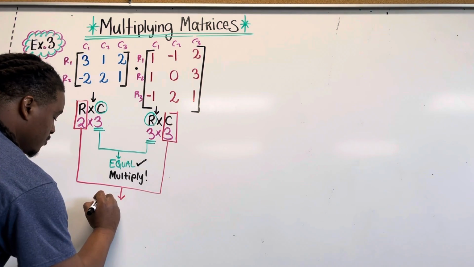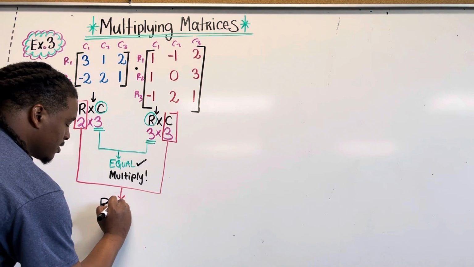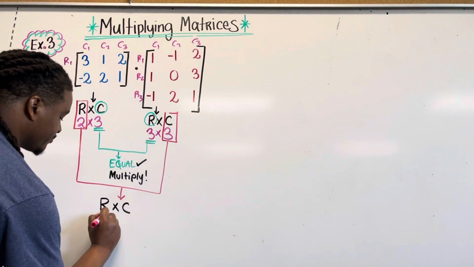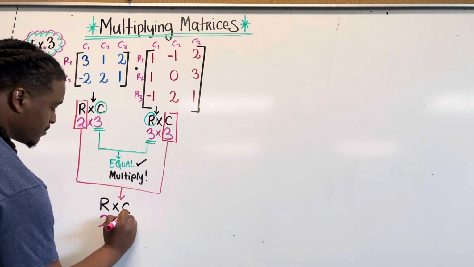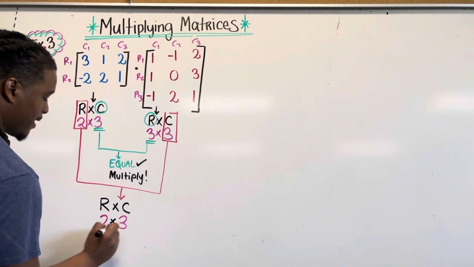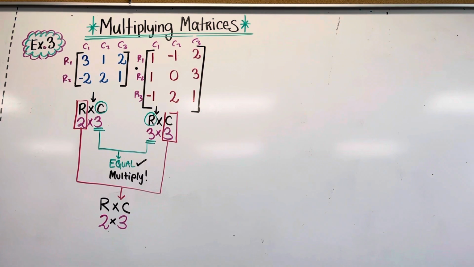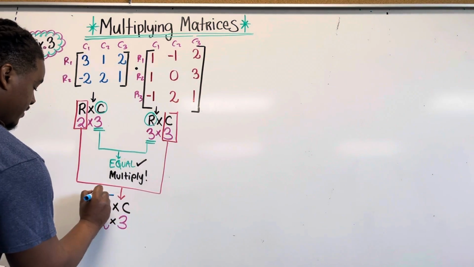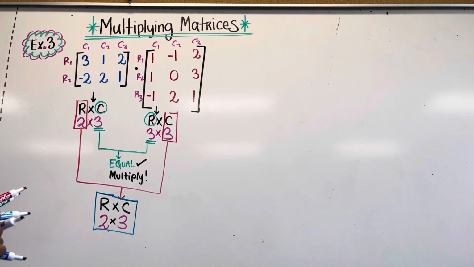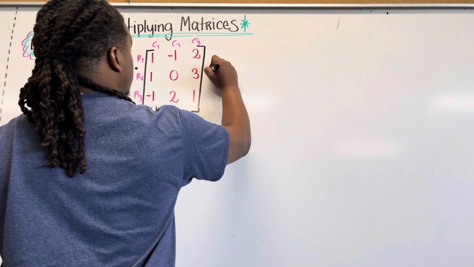So rows to columns: 2 rows, 3 columns. Our product will come out as a 2 by 3 matrix, meaning this matrix will have 2 rows and 3 columns. So now let's actually create that.